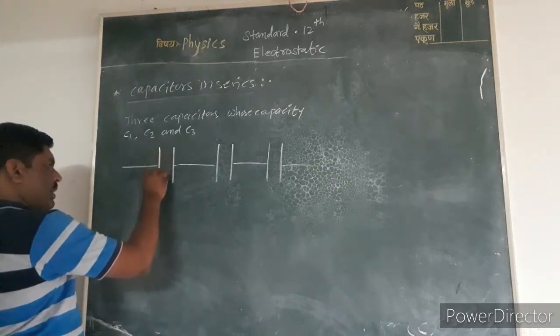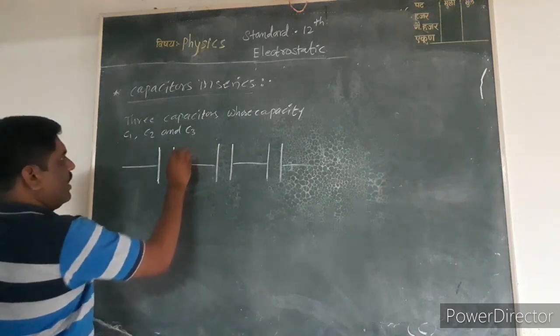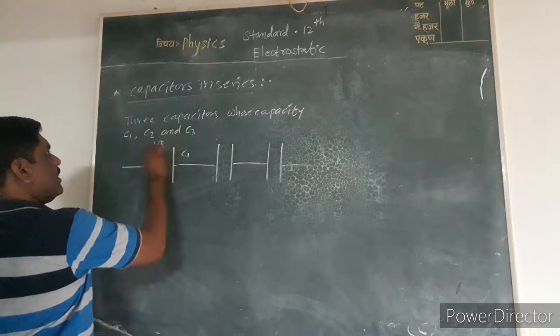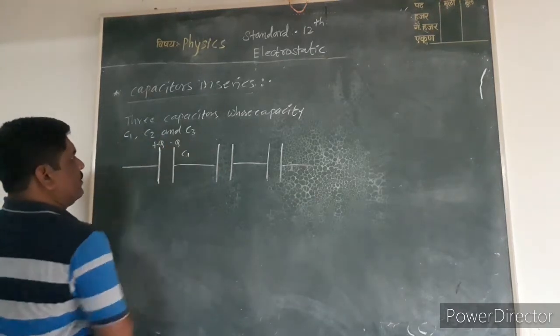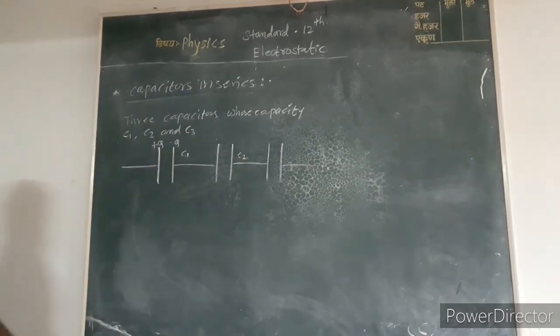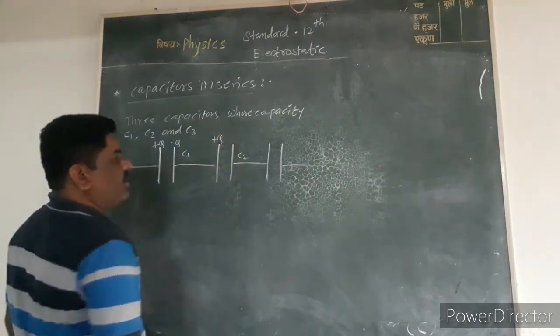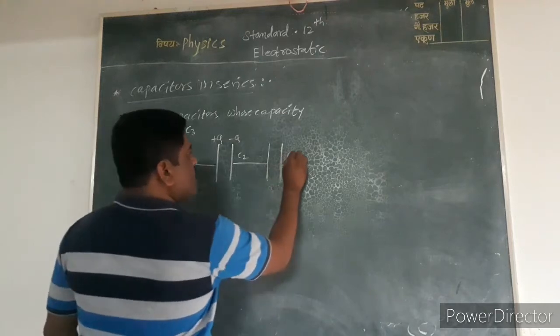The first capacitor, whose capacity is suppose C1, has the first plate carrying positive charge, the second carrying negative charge. The second capacitor, whose capacity is C2, has this plate carrying positive charge, this negative charge.